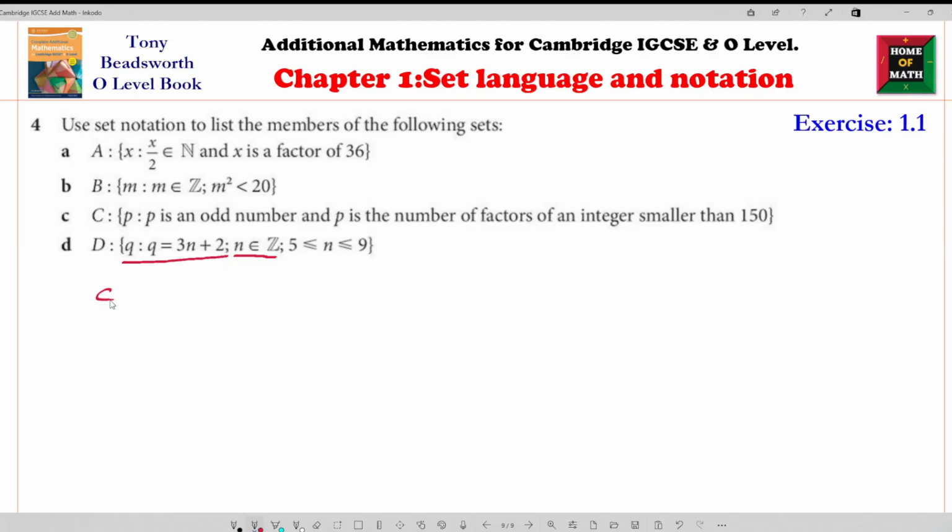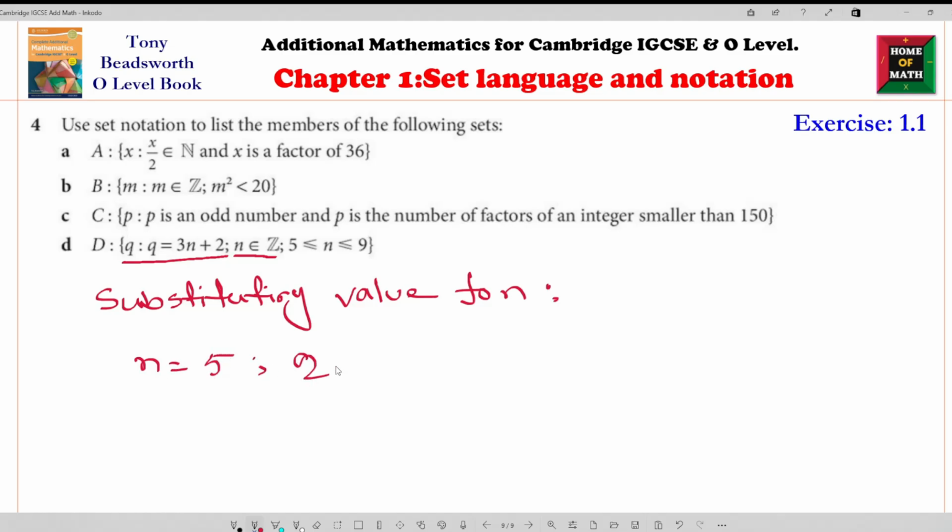Substituting values for n. Okay, so once n equals 5, at that time Q equals 3n plus 2, which means 3 times 5 is 15, 15 plus 2 is 17.